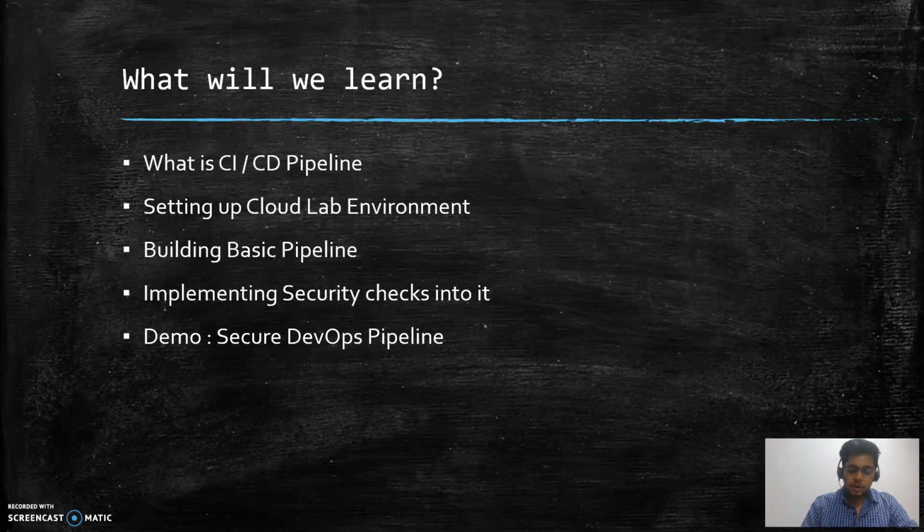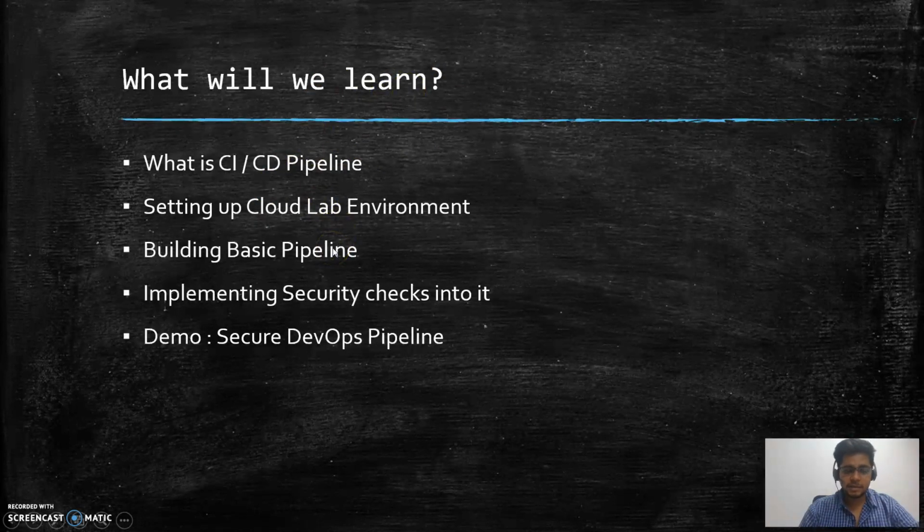Then, before integrating security into the pipeline, we will get our hands dirty by creating our own lab environment on Amazon Web Services. Once our lab is set up, we'll create a basic pipeline that simply takes the source code of our product and deploys it. I will make it clear what the basic pipeline actually means.